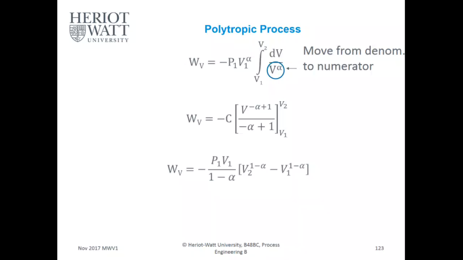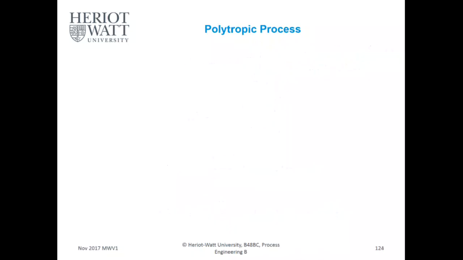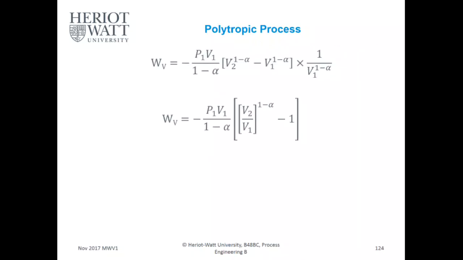If you swap that around and take your 1 minus alpha out, so flip it, remember your power rules: P1 V1 over 1 minus alpha, V2 to the 1 minus alpha minus V1 to the 1 minus alpha. Yeah. And your volume work equals negative P1 V1 over 1 minus alpha, V2 to the 1 minus alpha minus V1 to the 1 minus alpha, times 1 over V1 to the alpha, to gain the equation in your notes.